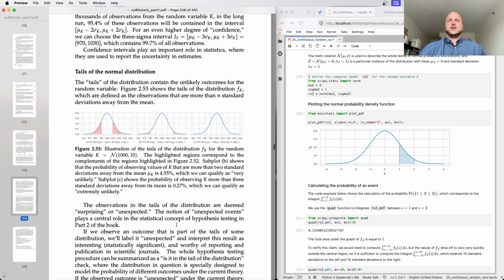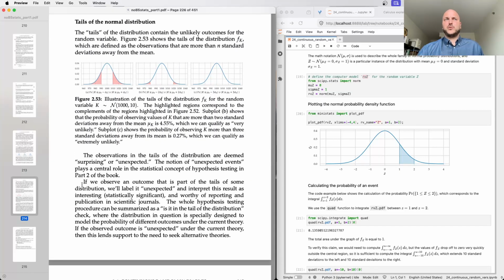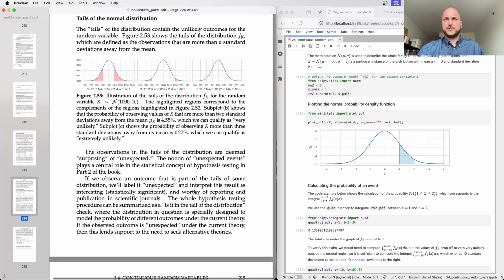So why is this foreshadowing? When we do hypothesis testing in chapter 3, this will be one of the ways we measure when we've observed something interesting in a data set. When the null hypothesis is very unlikely. So according to the null hypothesis, we see something very unlikely.